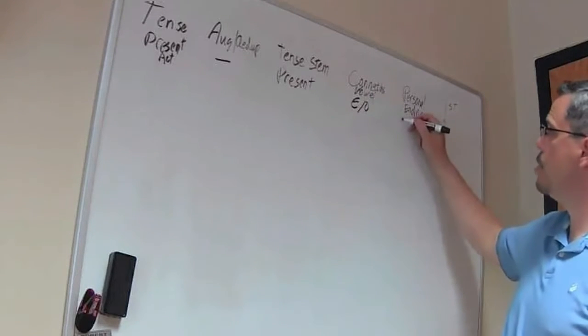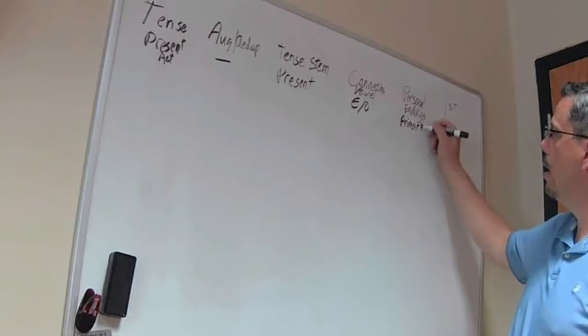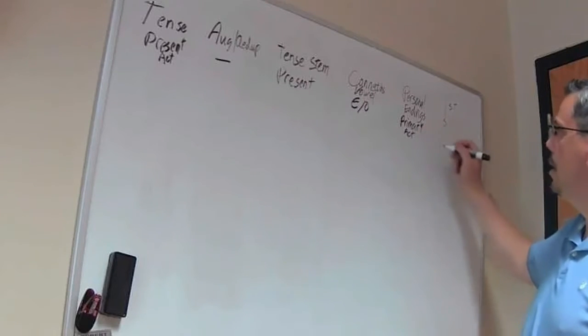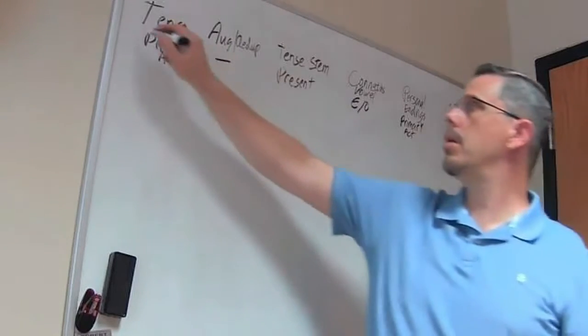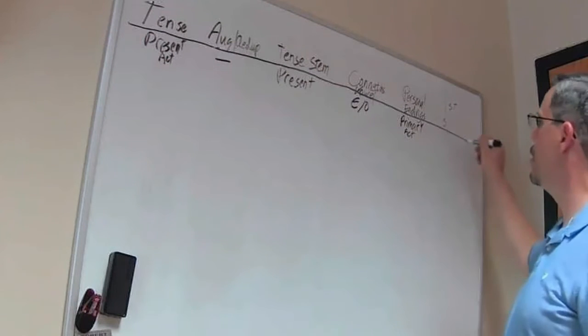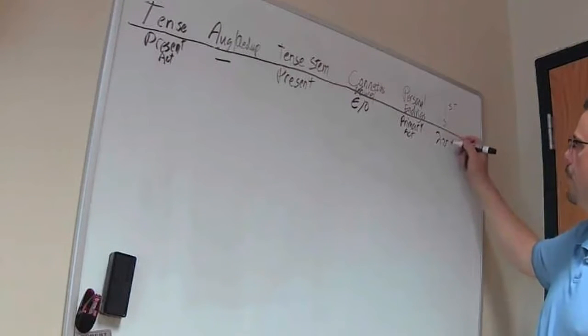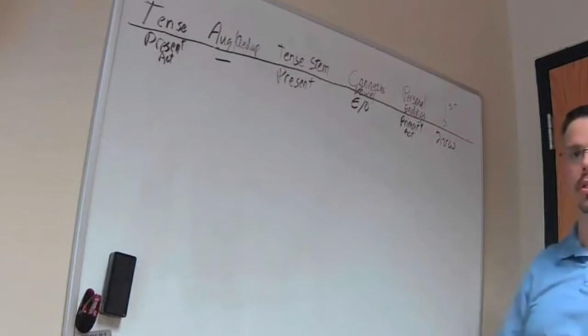Our personal endings are the primary active, and let me draw a line so you can keep these straight from the headings. Primary active, and the first person singular is luo.